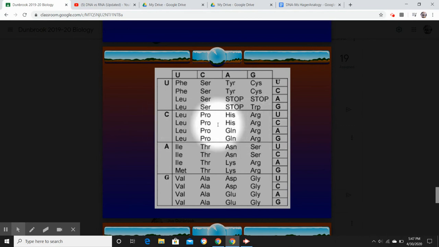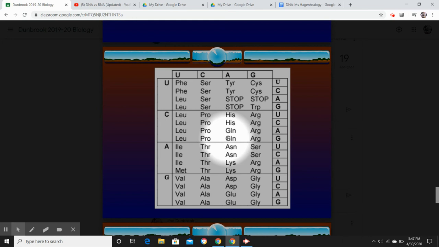The letter A tells me I'm in this column of that row. And the final letter, third letter G, would tell me I'm at the bottom of that column. So right here, if I had CAG, it would be glycine, I believe that is. These are abbreviated. Or glutamic acid or something. I don't know what that abbreviation is, okay?